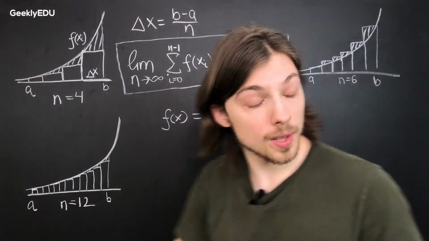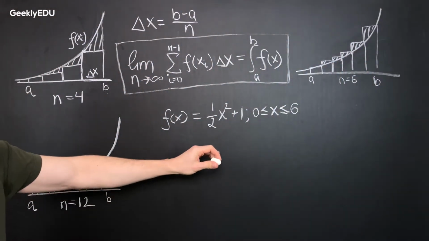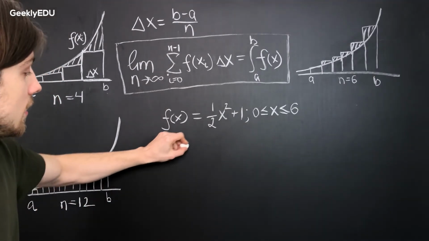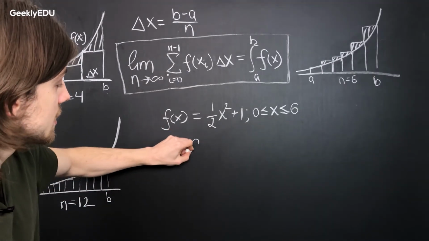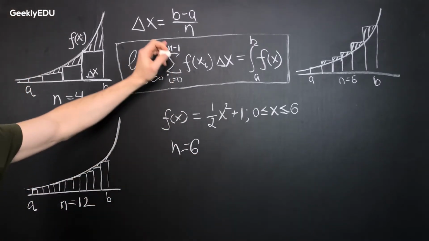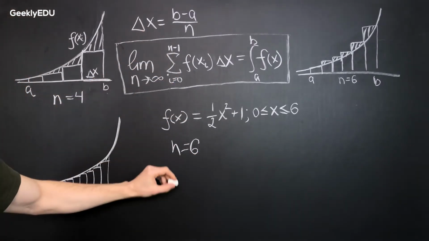All right. Now, let's say we want to have our n set to 6 to make our calculations a bit simpler. So if our n equals 6, that means that our delta x equals 1.